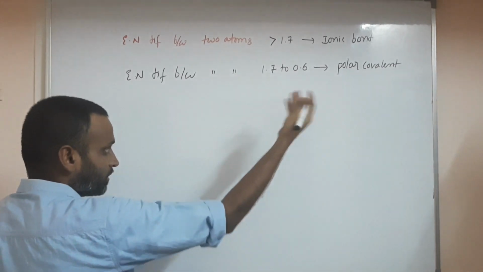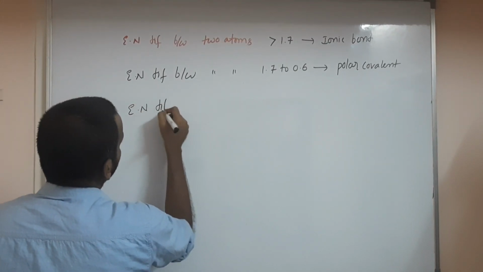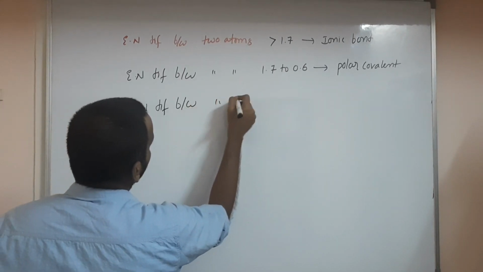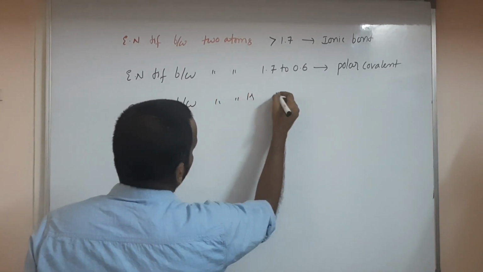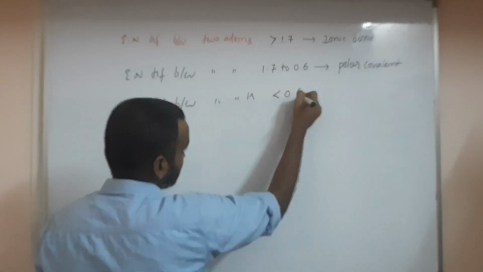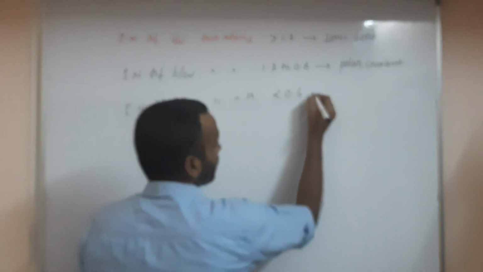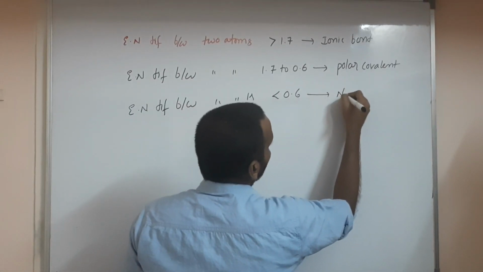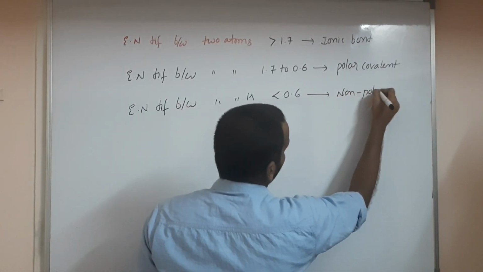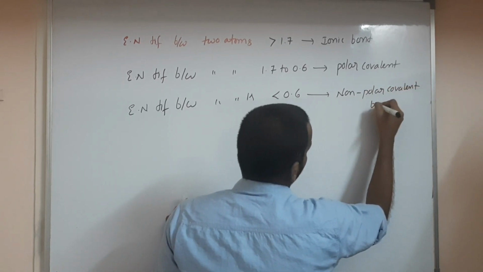You know already, but I will also explain later. Now, if the electronegativity difference is less than 0.6, then the bond is called non-polar covalent bond.